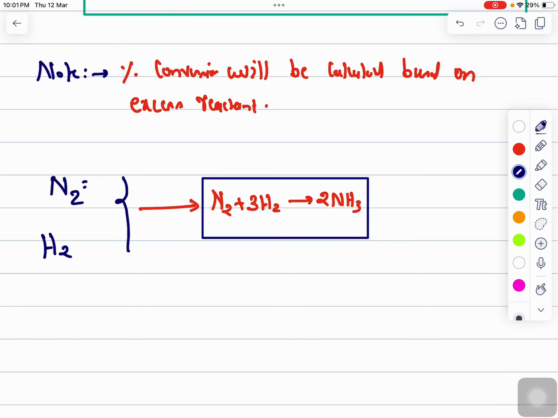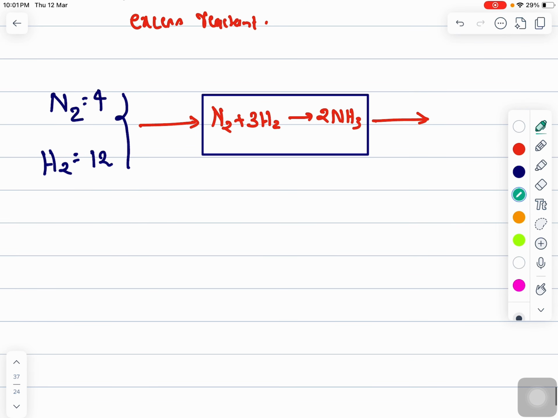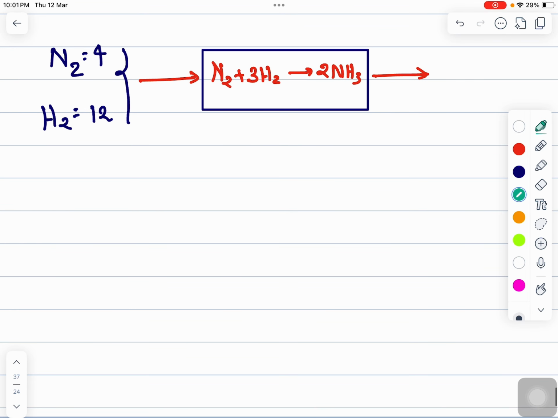Nitrogen is, let's say, 4 moles and hydrogen is 12 moles, and then we have to calculate the percentage conversion, right?